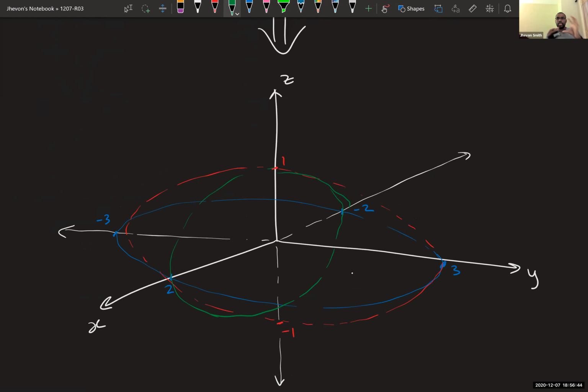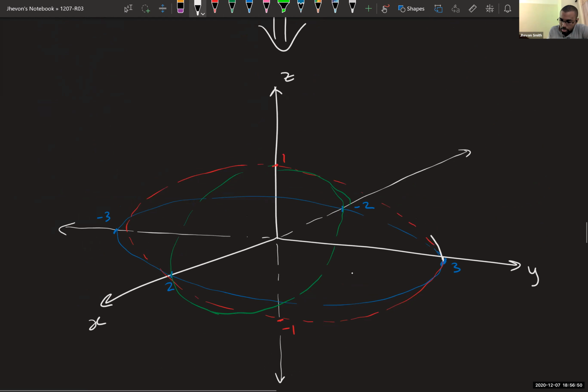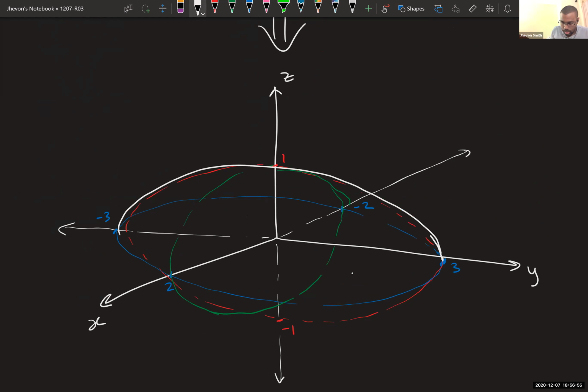So now you kind of see the skeleton. There's like this wire frame around the thing. And of course, now you just put some meat on those bones.